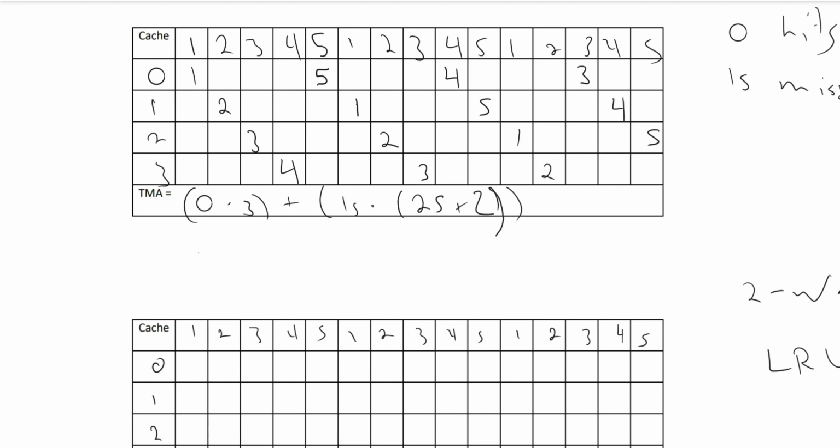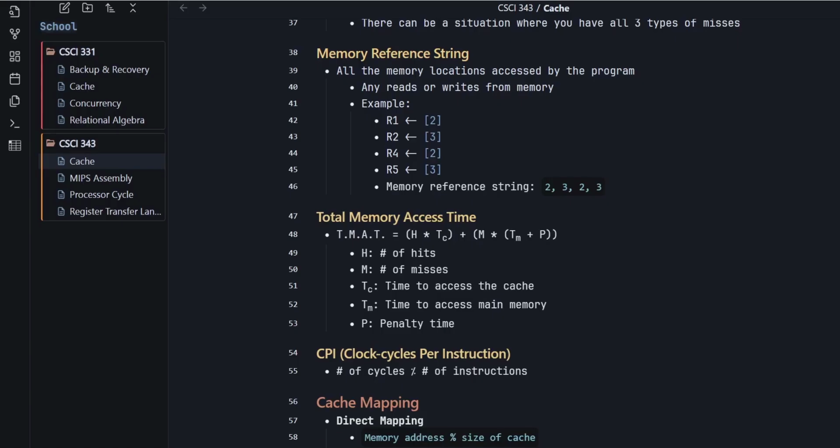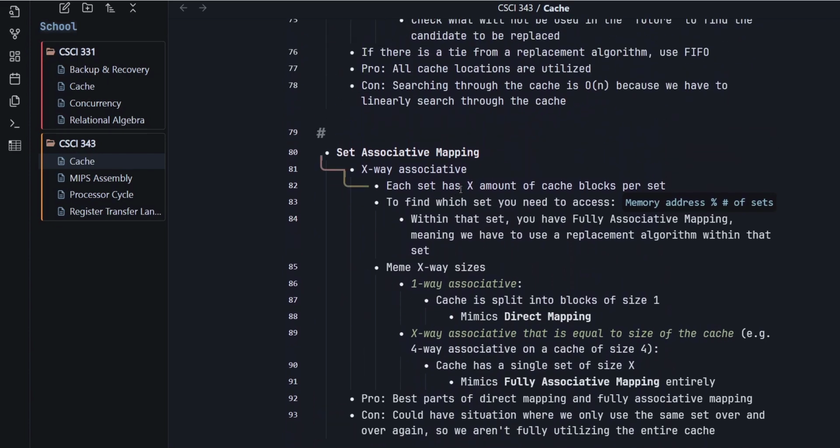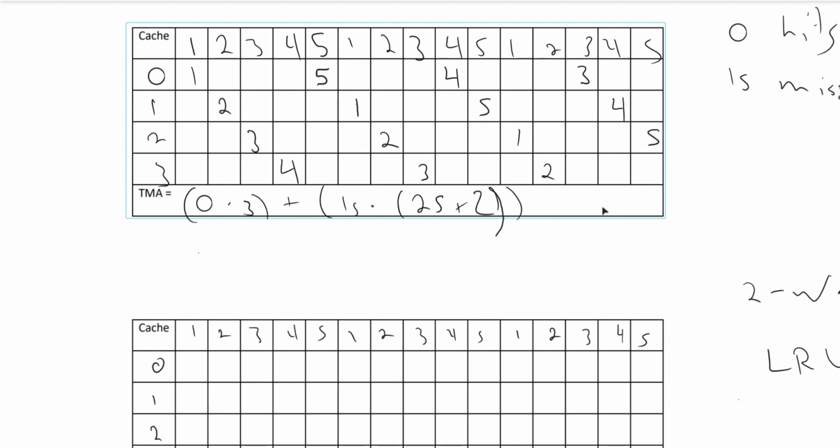Okay. So when it's whatever way, is that the size of the blocks? Like each cache block has a size of 2? I think that's what that is, right? Yeah, each set has X amount of cache blocks per set. Okay, so every set's going to have a size 2.